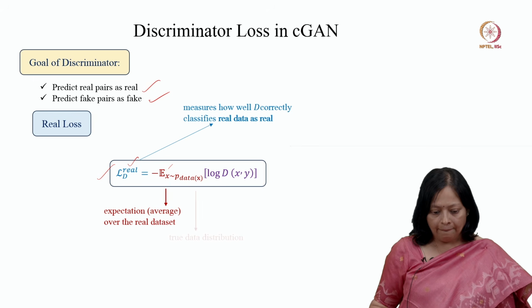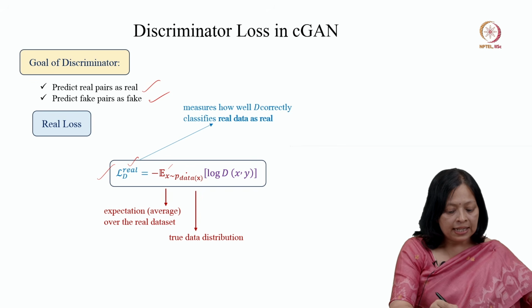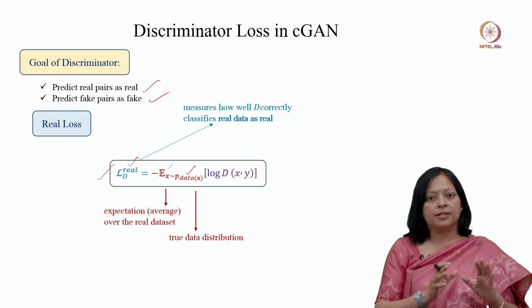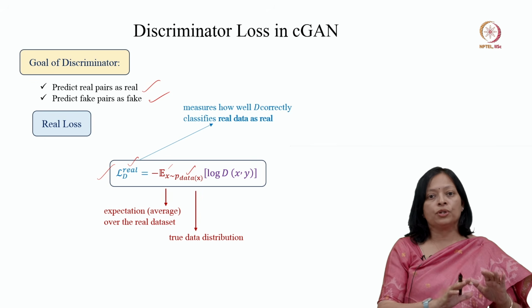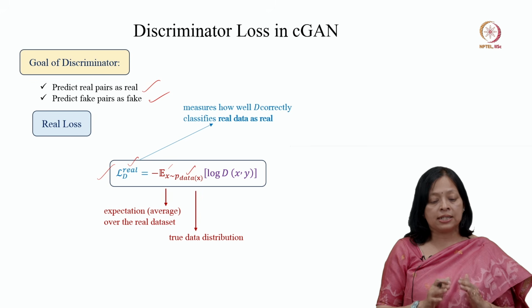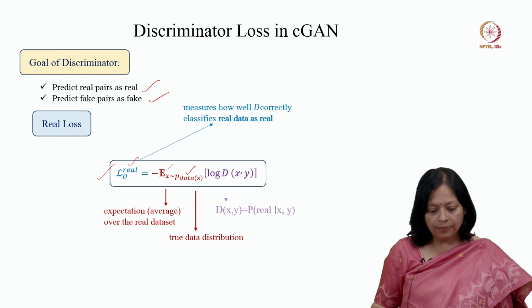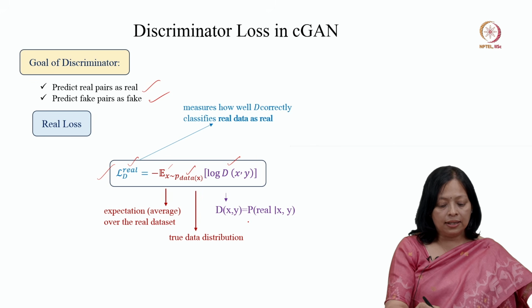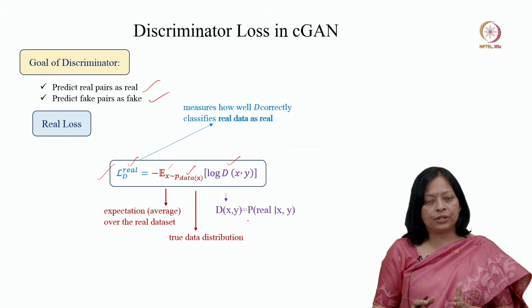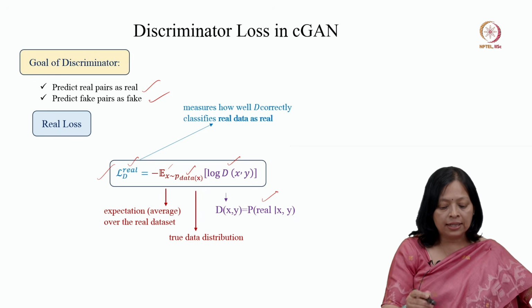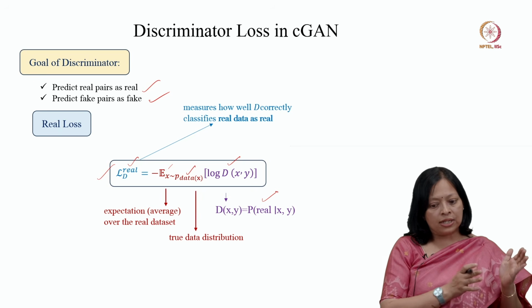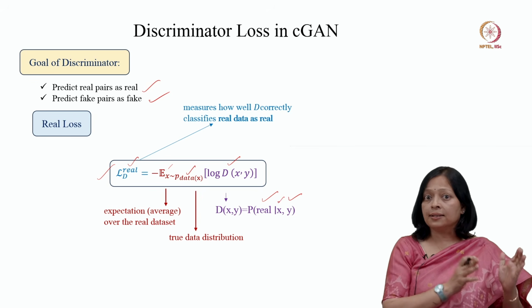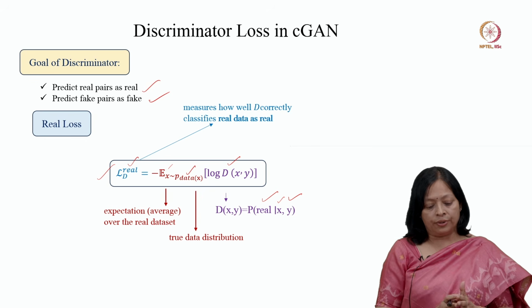This p_data(x) represents the true data distribution, that is, whatever real images you have put, that data distribution is represented by p_data(x). And D(x,y) gives the probability score of this pair being real, given the image is x and the condition is y. If you remember, the image x is the original or real image.